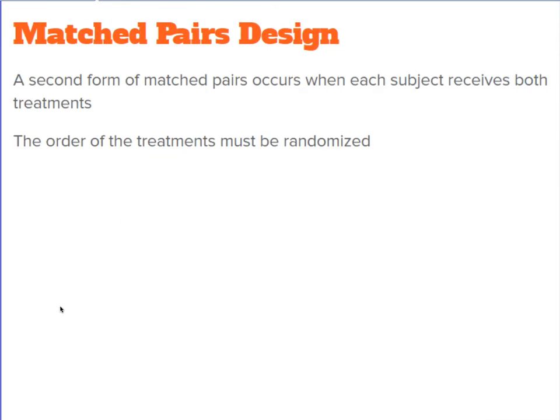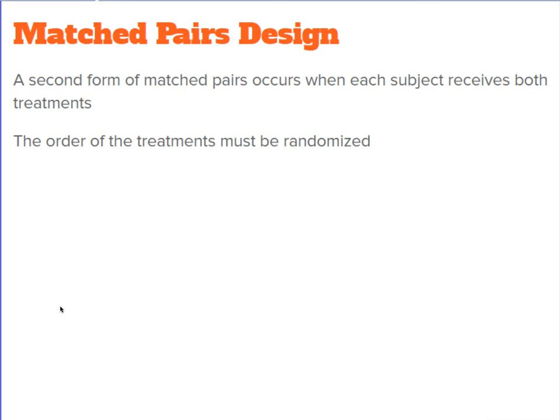The second form of matched pairs design is when we have one subject that gets both treatments. An example of this might be if we're going to have people run drinking water and run drinking Gatorade and see if they perform better with the Gatorade.